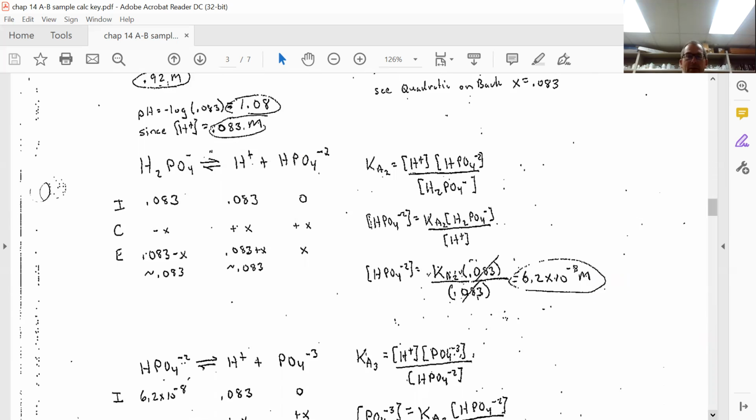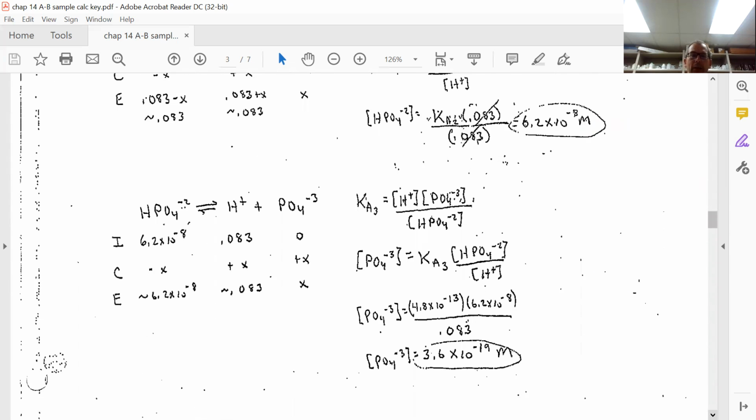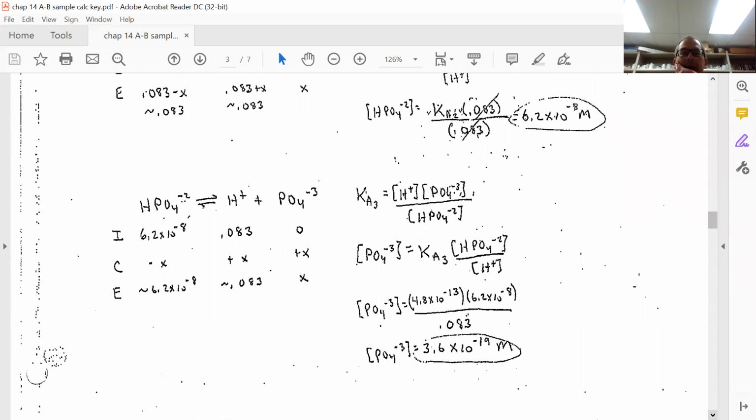Okay, if I had to find the third one, which is pretty unlikely that you have to do, I would look and say HPO4 minus 2 breaks into H plus and PO4 minus 3. Again, because of all the charges built up, it's going to be even less likely to occur. And I can write the things down. This was what HPO4 minus 2 was from the last part. My H plus is really big.